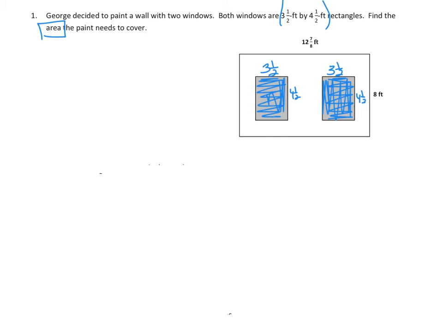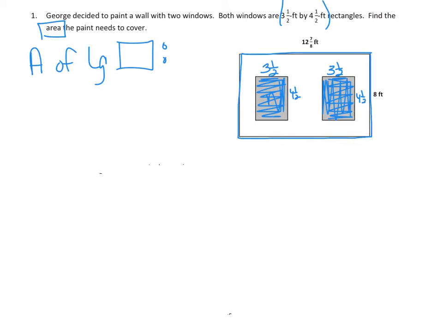So I've got to find the area of the whole rectangle and then get rid of the window panes. So let's find the area of the whole thing first. I'm going to say A of large rectangle because I need to keep track of what I'm finding, since I'm going to be finding the area of multiple things.